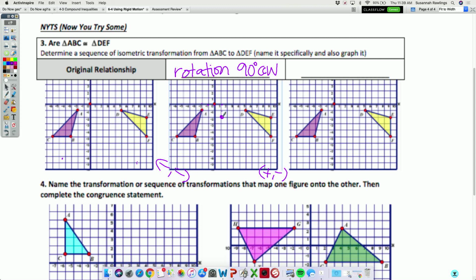So please graph this one with me. We'll call it A prime. You should be graphing this with me, please. This is just a little review on our rotations, reflections, translations. All right, let's do point B. Where is point B located right now? -4?